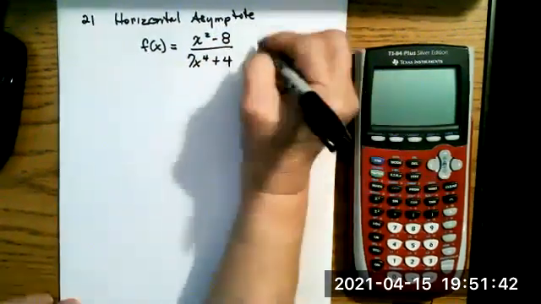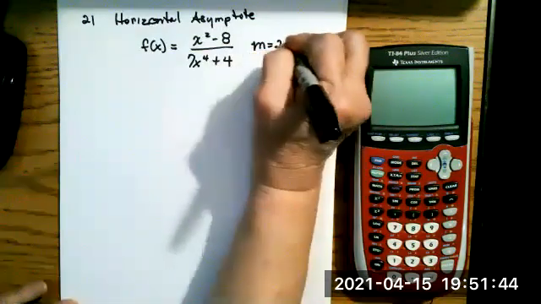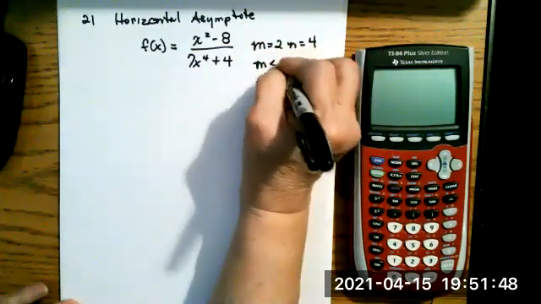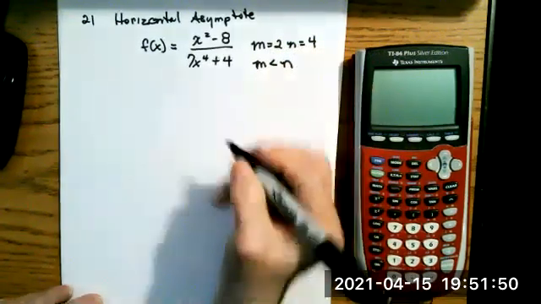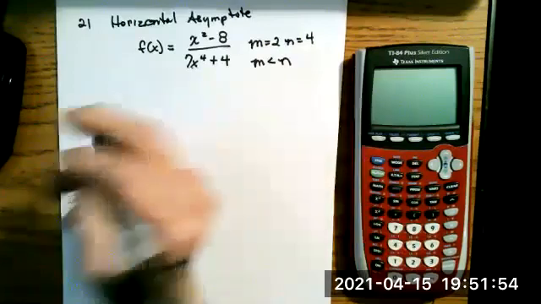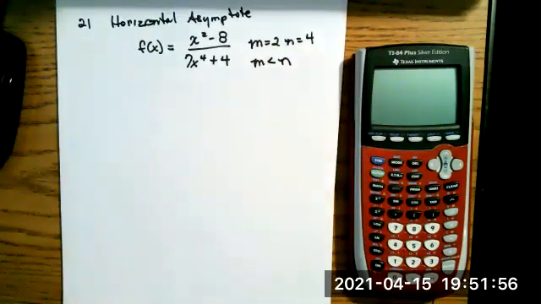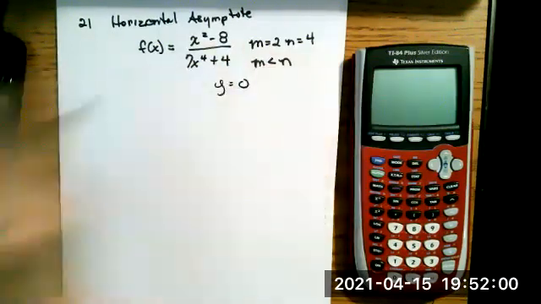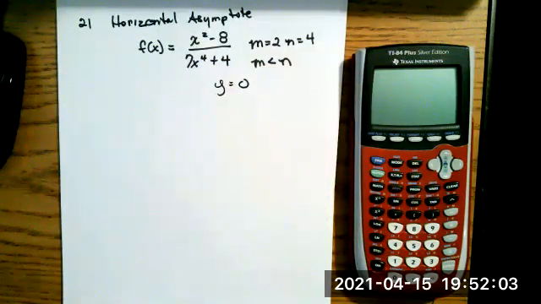All right, so m is 2, n is 4, so m is less than n. So what is the horizontal asymptote? Anyone know? 0. Yes, y equals 0. Okay. Any questions on that?